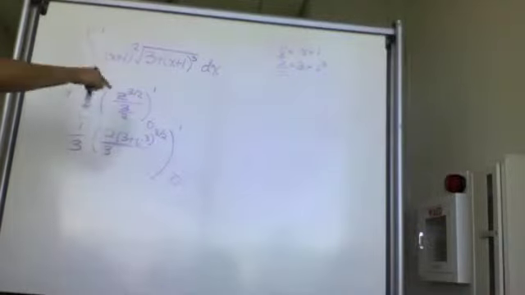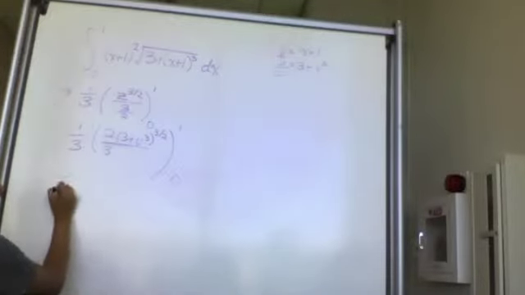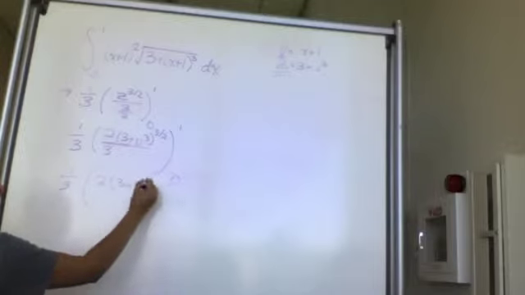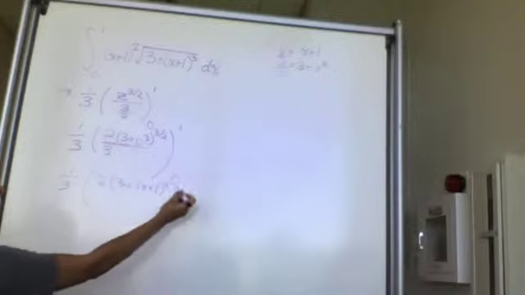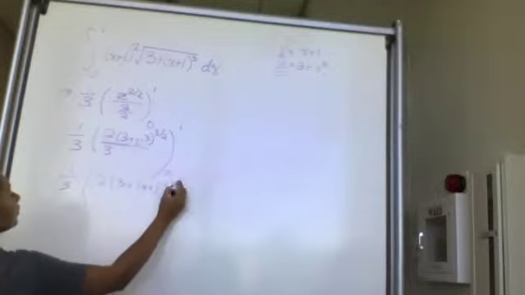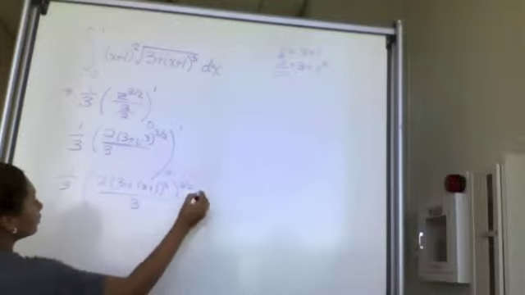And now, one more step, we have to put our u back in to get 1/3 times 2, 3 plus x plus 1 cubed, to the 3/2 all over 3.